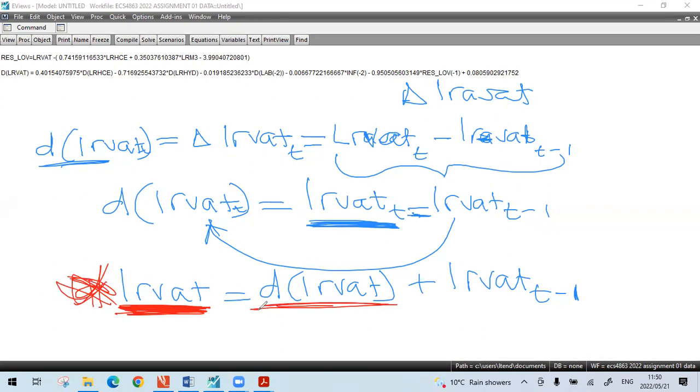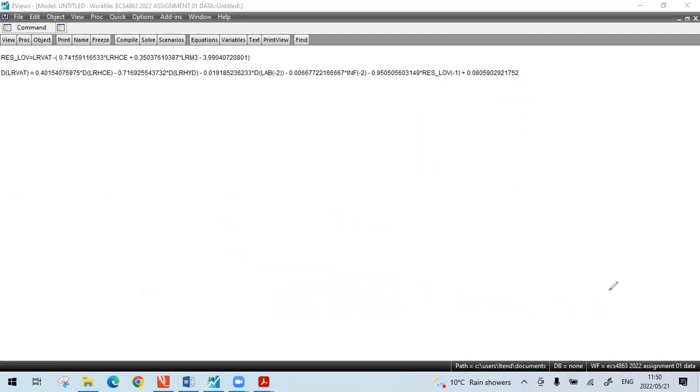Take the one with a D. At the end of it, just add LRVAT, but it should be legged once. That's what we want to do. So how do we do it? For you to get the one without a D, I can literally delete the D's here.